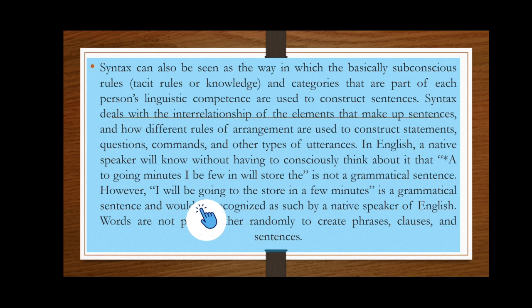We acquire these rules unconsciously, and if somebody speaks a sentence, we can call it grammatical or ungrammatical without properly knowing the rule. We haven't learned these rules, but subconsciously we have, and these rules are stored in our mind and tell us whether the sentence is grammatical or ungrammatical.